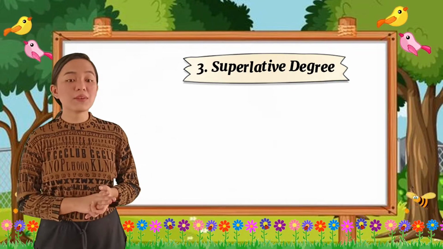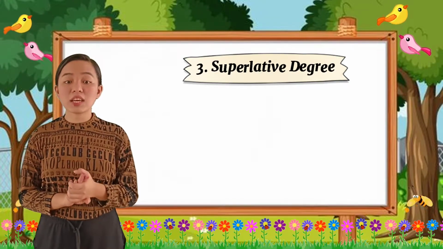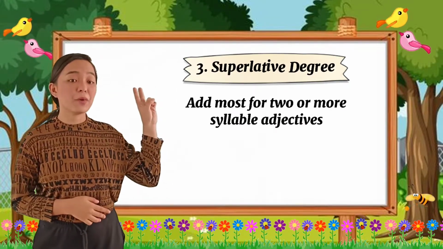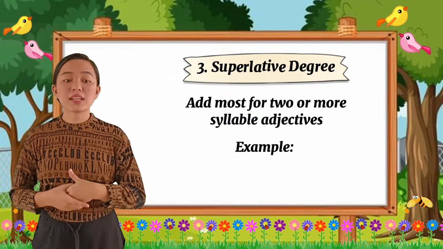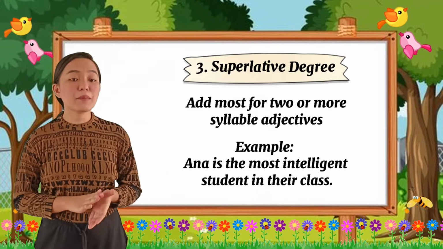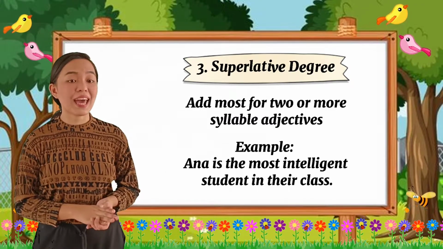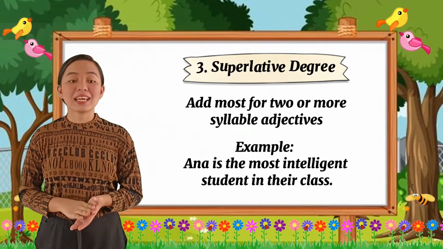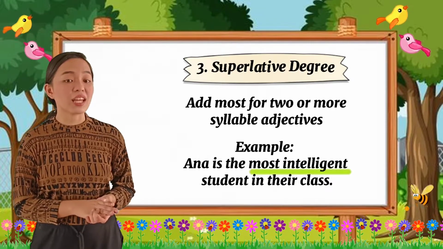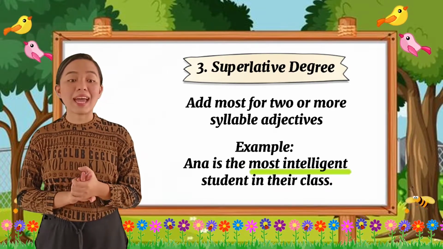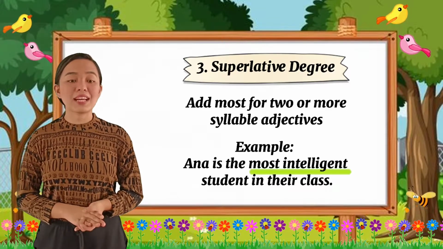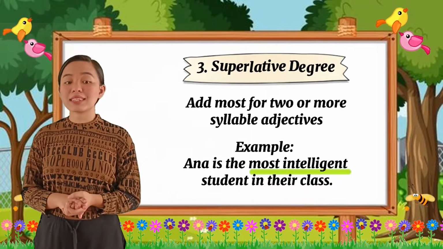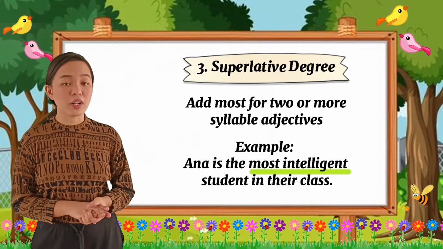Also, in superlative degree, if an adjective has two or more syllables, we put most before the adjective. So for example, Anna is the most intelligent student in their class. In this sentence, the adjective most intelligent is used to compare Anna to the other students. We put the word most before the adjective since the word intelligent has four syllables.